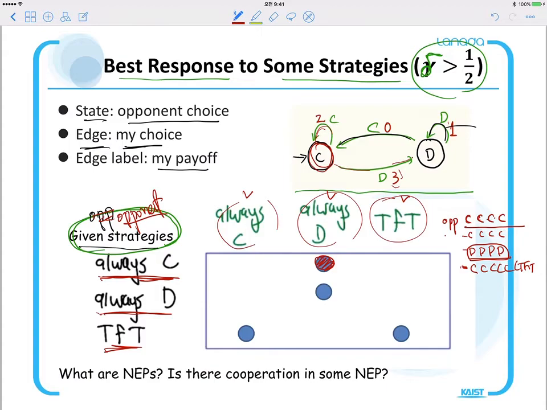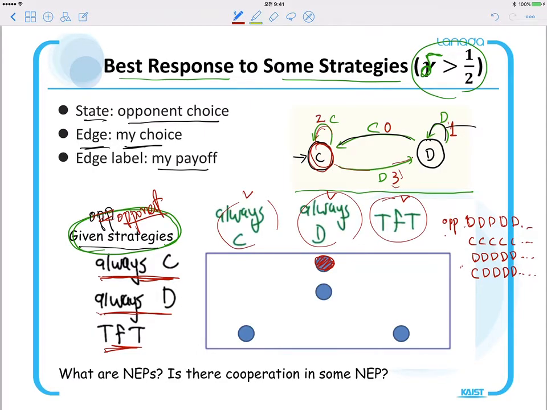Now let's assume that my opponent's strategy is D. Then my choice can be always C, or always D, or tit for tat. Tit for tat starts with C, and then I'm going to copy my opponent's strategy.